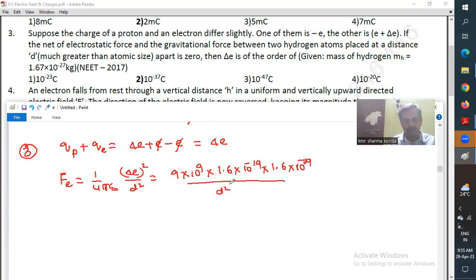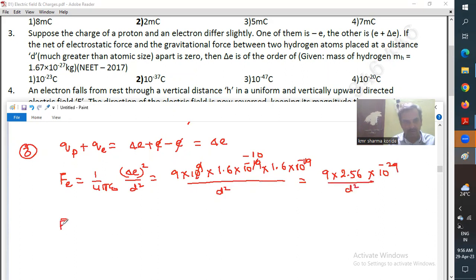If you simplify this, it is 9 into 2.56 into 10 to the power of -29 by d square. So this is the electrostatic force part.